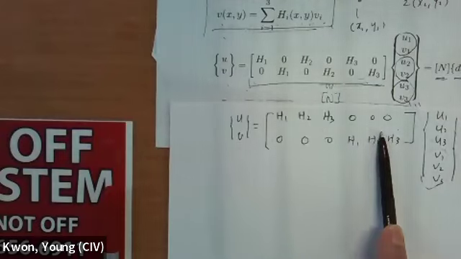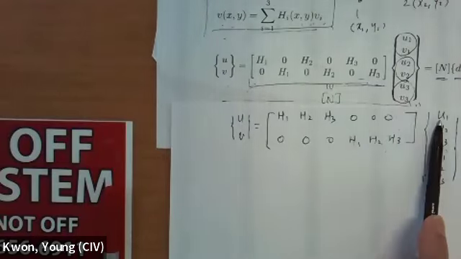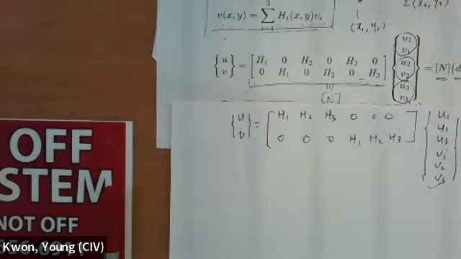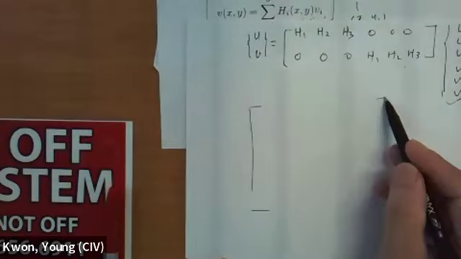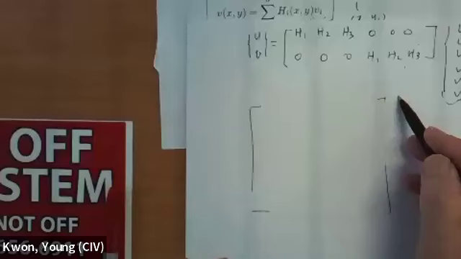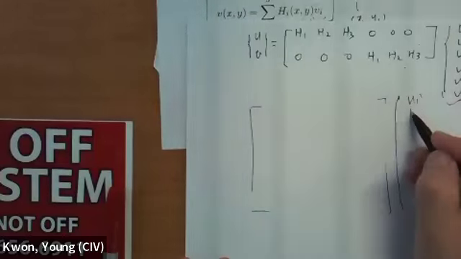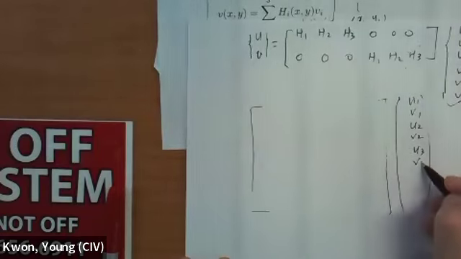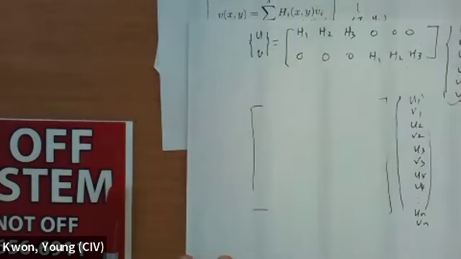The reason is this is a little more straightforward in terms of assembling into the global matrix. The global vector is going to be U1, V1, U2, V2, U3, V3, U4, V4, and Un, Vn.